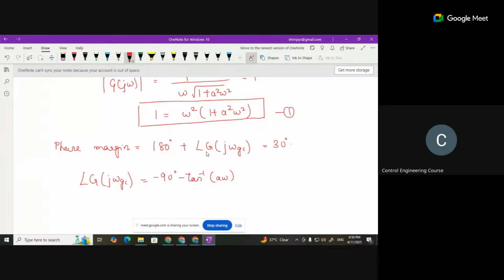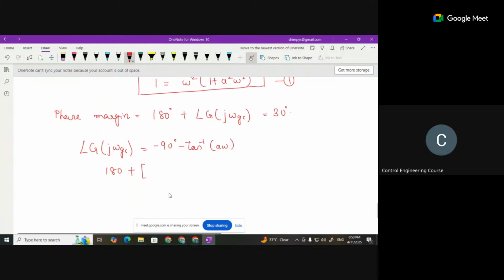Now, can I substitute it here? This will become 180 plus minus 90 minus tan inverse of A omega, of course at this frequency, and this is equal to 30, right?